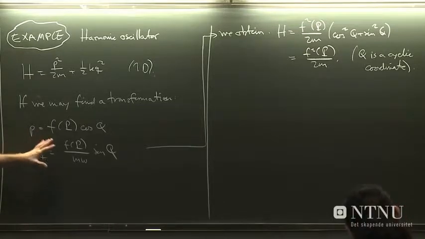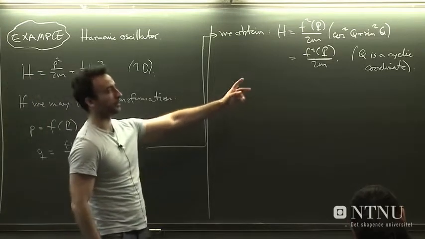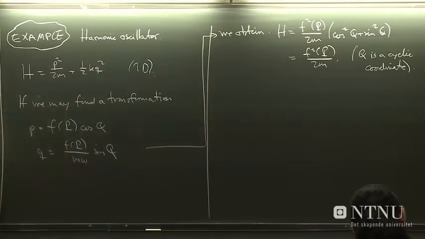Because we need this to be a canonical transformation if we are to use Hamilton's equations on the new variables large Q and large P. So the question is, is this a canonical transformation?